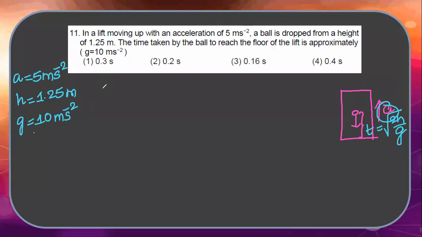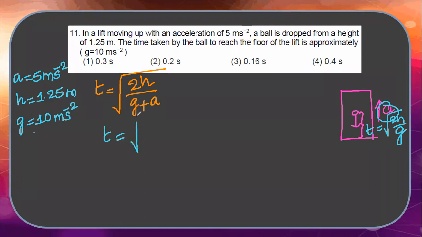Then the time taken by the ball dropped in the lift to reach the ground is t equal to the square root of 2h divided by g plus a.